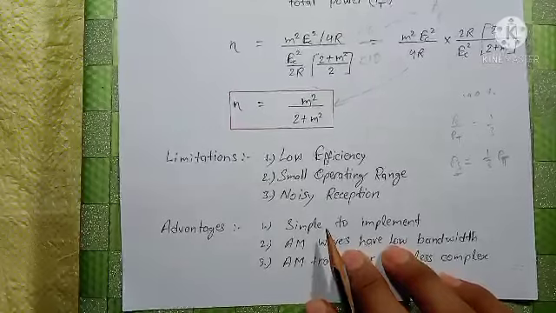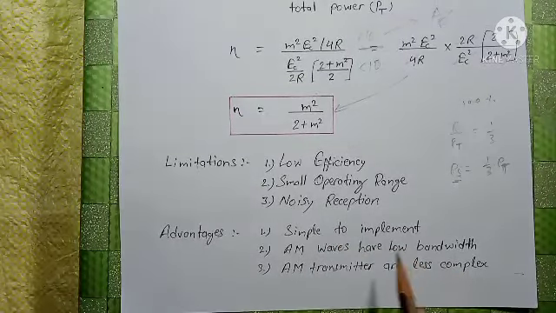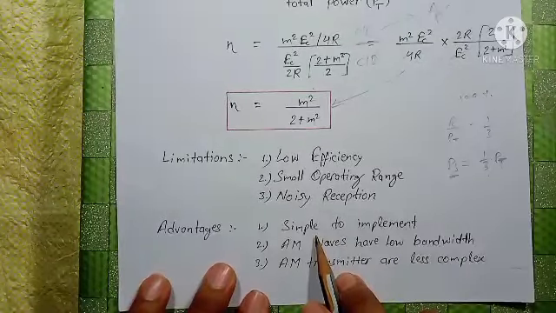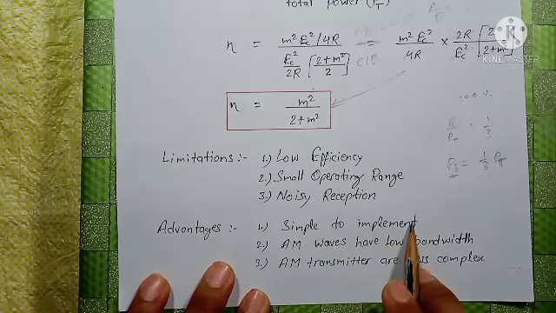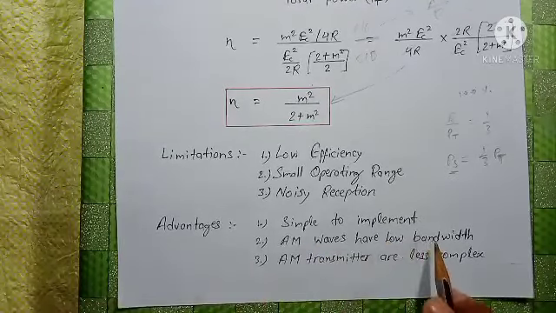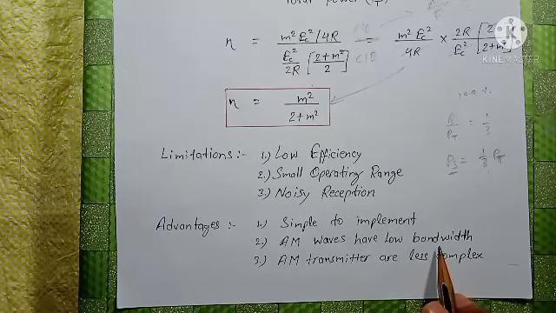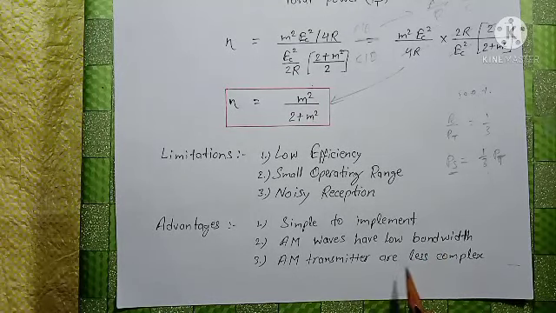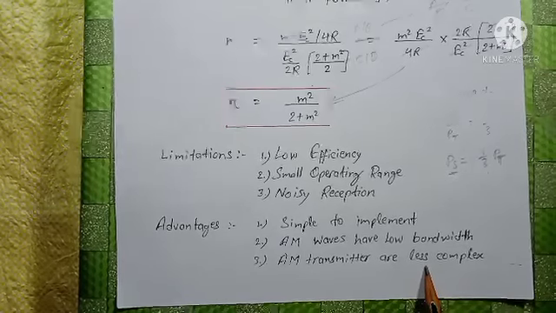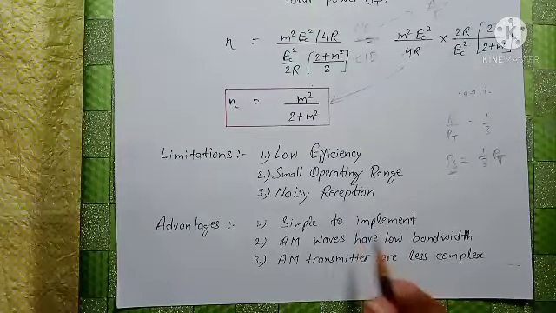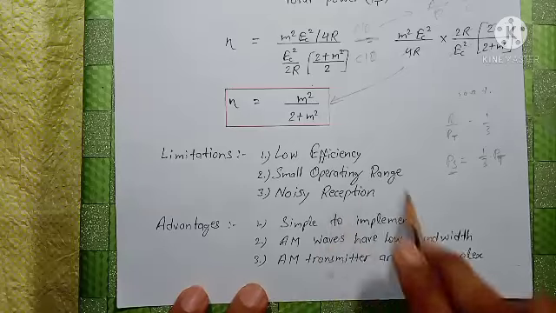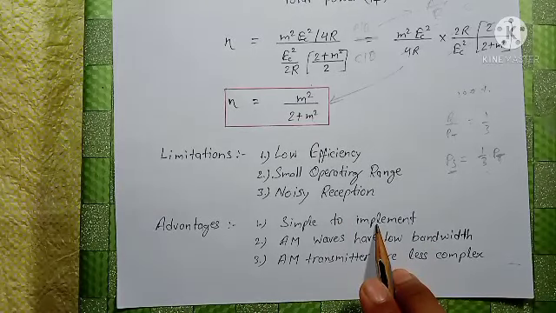Some advantages of AM wave: first, it is simple to implement; second, AM wave has low bandwidth; and third, AM transmitters are less complex. So these are some advantages and limitations of AM wave.